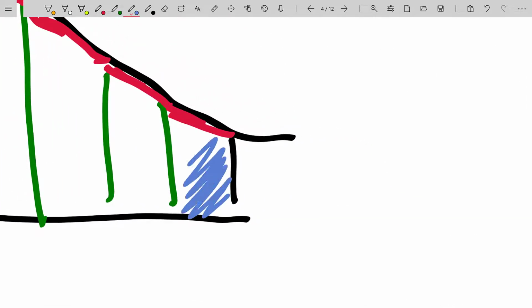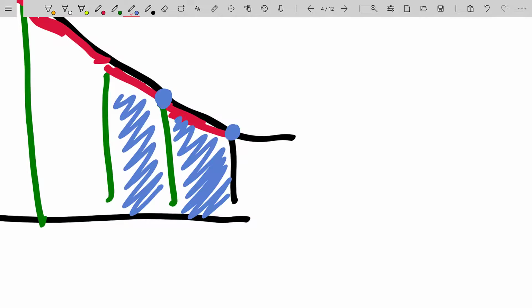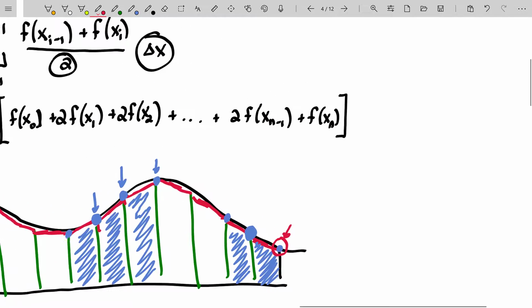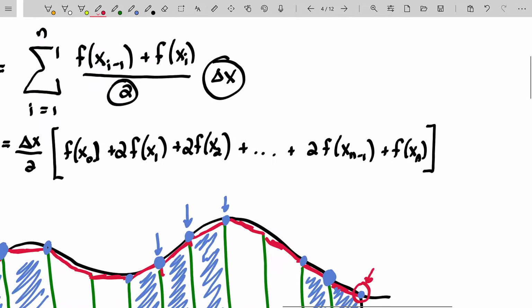When you find the area of this trapezoid, you do use the y value on the right and the y value on the left. However, the previous trapezoid also used the y value on the right, so that gets doubled up and used twice. But the one on the end only gets used once, and that is why, when you look at the closed form, the left and right edges have unit coefficients, because they only get used once.